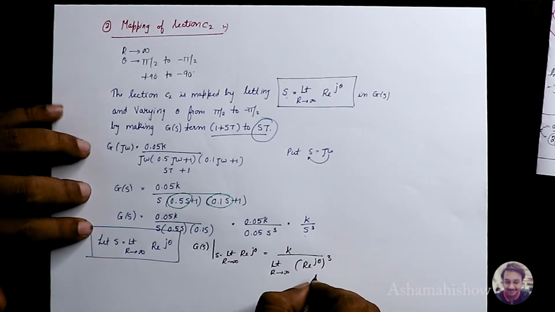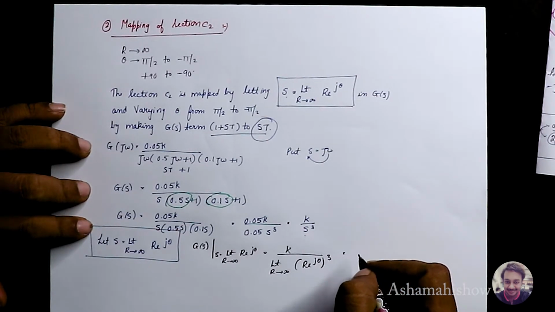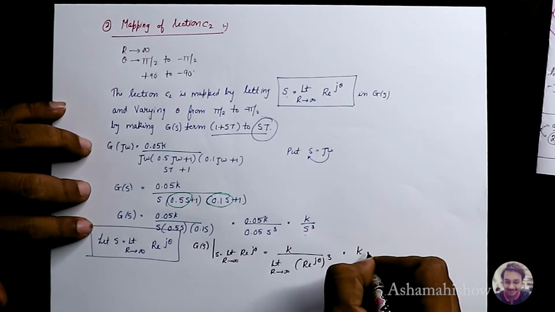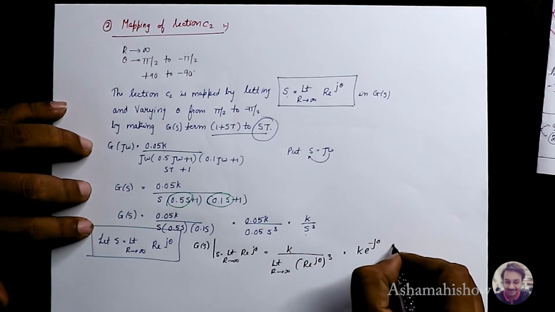So now if we solve this one, K into, I will be taking out e power minus j 3 theta, so it becomes like this.